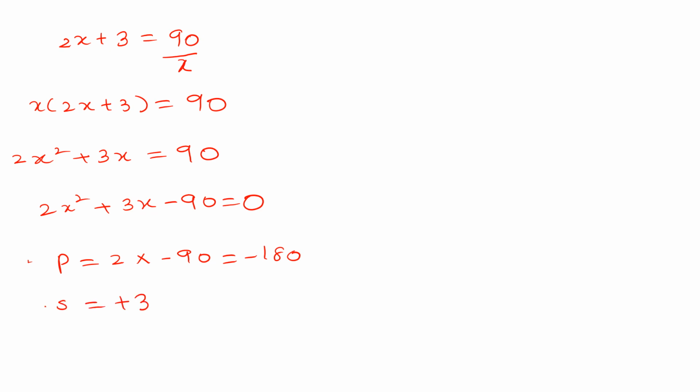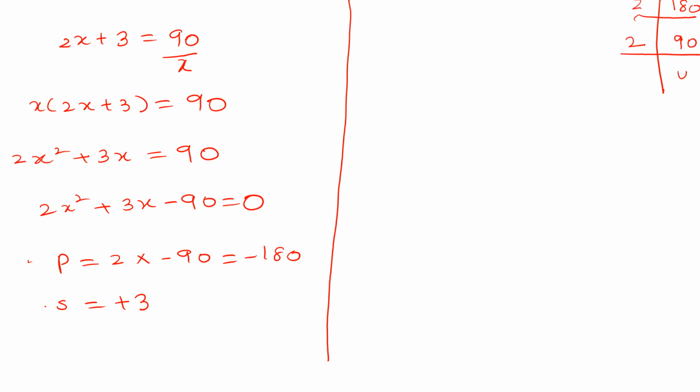So we can find the prime factorization of 180. 180 is 2 nines are 18, 45, then with 3, then again with 3, then 5.